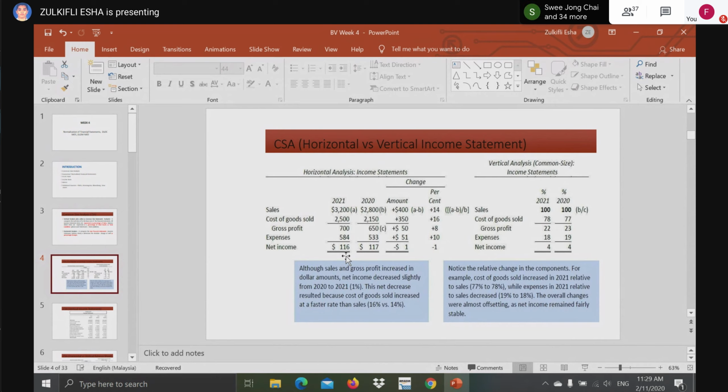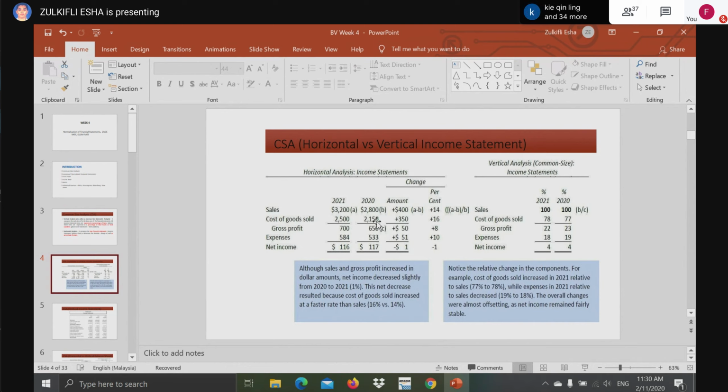So in this example, if you look at the figures from 2020 and 2021, even though the amount of sales for 2021 increased, at the same time the expenses also increased. So that's why we end up getting a lower net income compared to 2020.